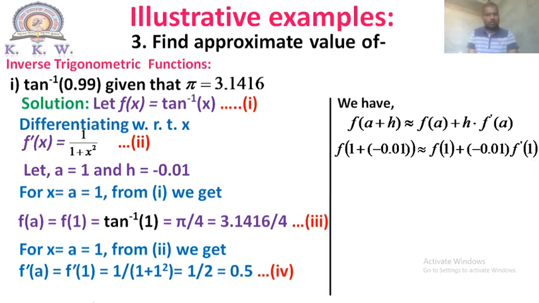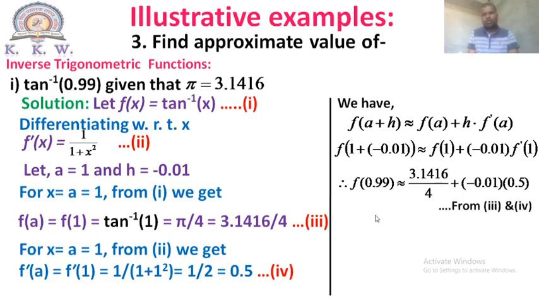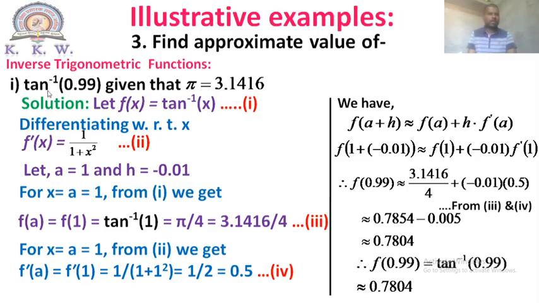Value of f dash of 1 is 0.5. Put that value and calculate. After we'll get f of 0.99 approximately equal to 0.7804. Therefore, approximate value of tan inverse 0.99 is 0.78.